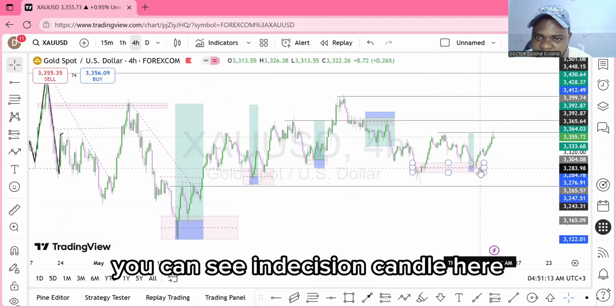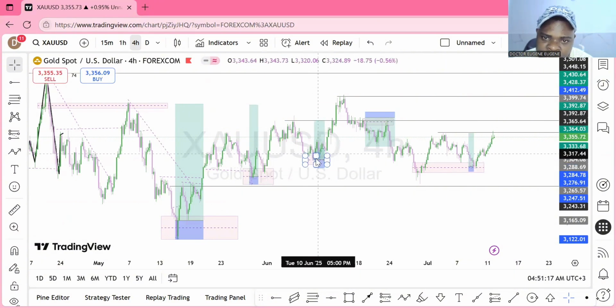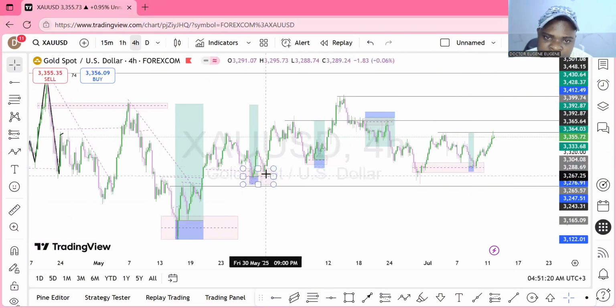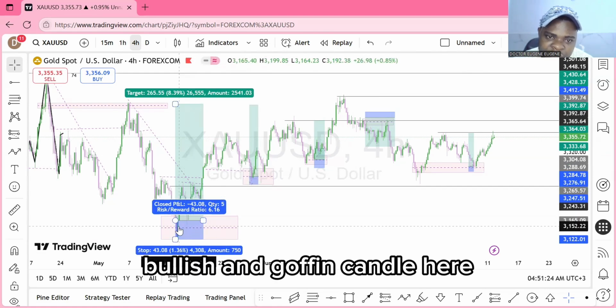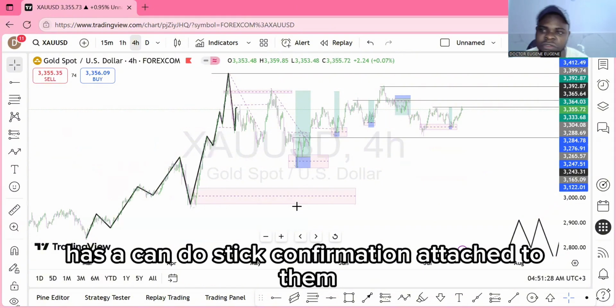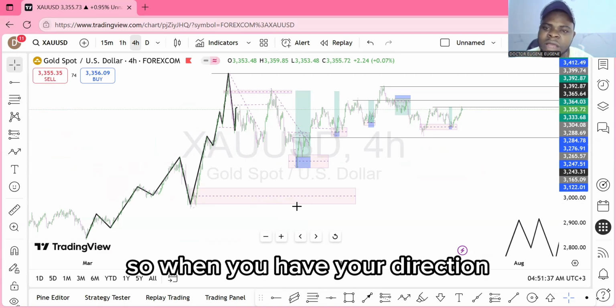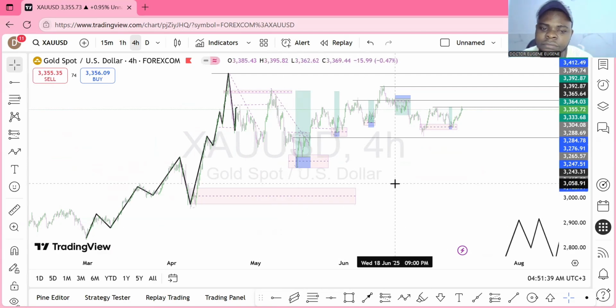You can see an indecision candle here, an indecision candle here, a bullish engulfing candle here, a bullish engulfing candle here, a bullish engulfing candle here. All of them have a candlestick confirmation attached to them, telling you that everything is ready to go.